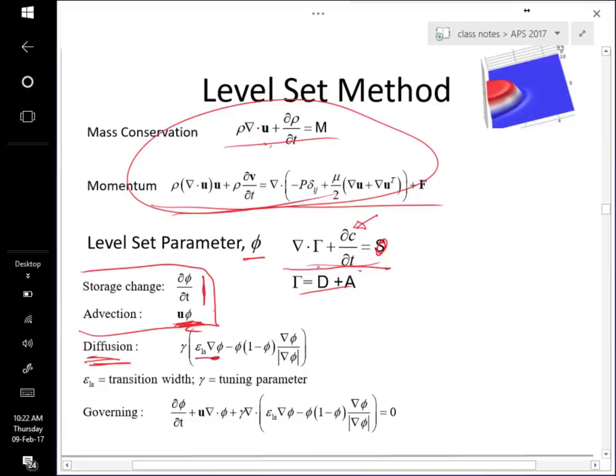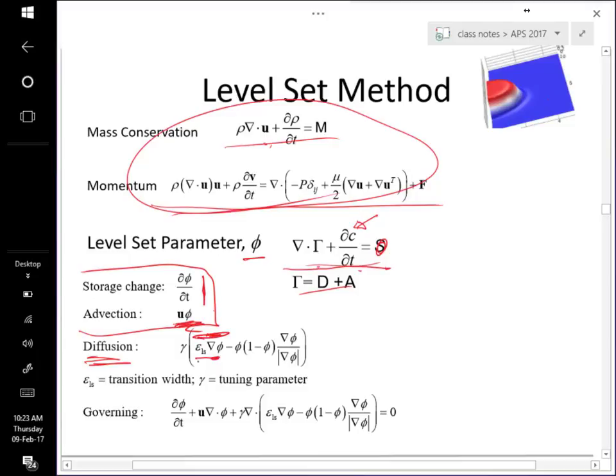We said in general, a diffusive flux is driven by a gradient in our dependent variable. So diffusion of mass is driven by a gradient in concentration. So now we have diffusion of this level set parameter driven by the gradient of this level set parameter. Okay, so that's that guy.